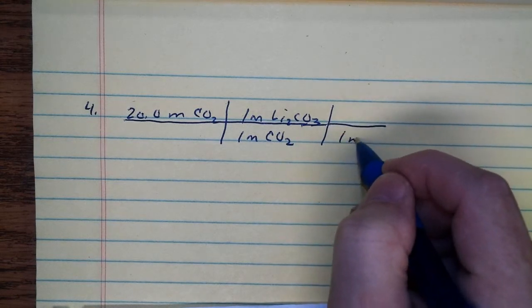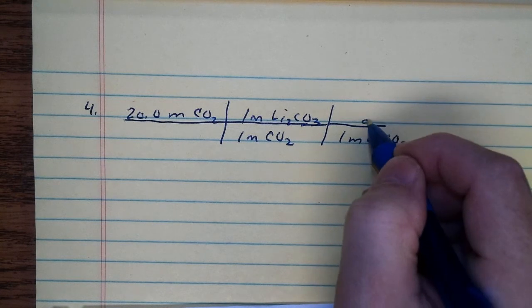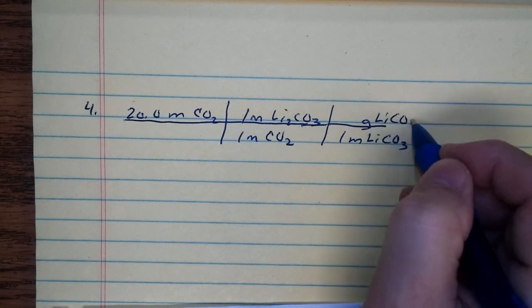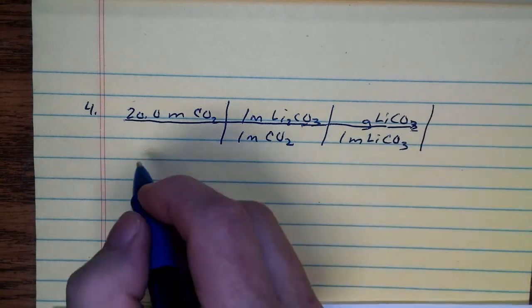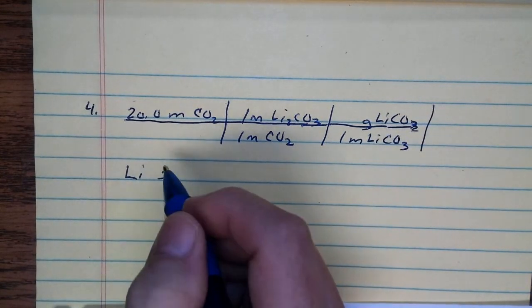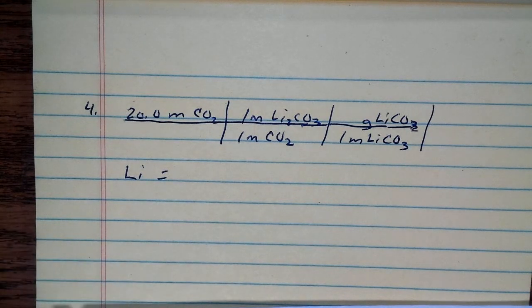So in 1 mole of Li2CO3, we get so many grams of Li2CO3. So we've got to add this up again. Lithium, let's look on the periodic table, that's going to be 6.9.